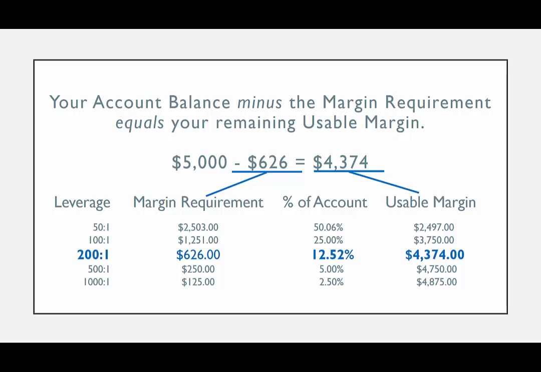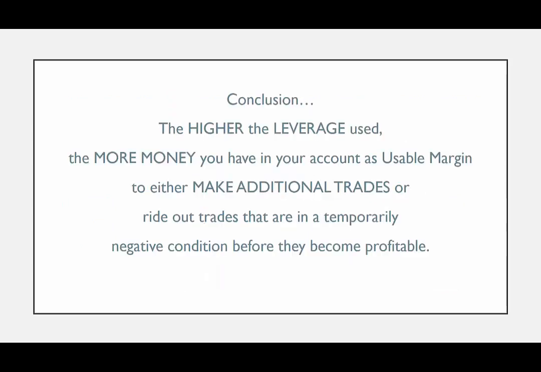But if you are using a leverage of 200 to 1 on that same trade and the margin requirement has only been $626, you will have a remaining usable margin of $4,374. By using the higher leverage, you will have more opportunity to make additional trades, and you will have more flexibility in how you manage the trades that you have open.